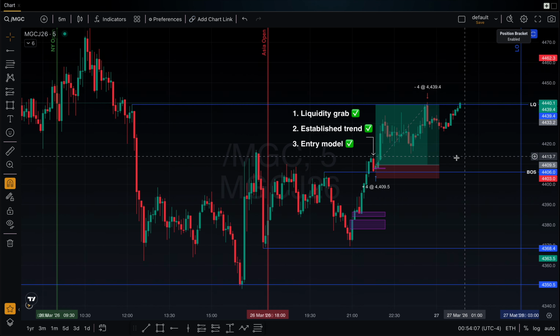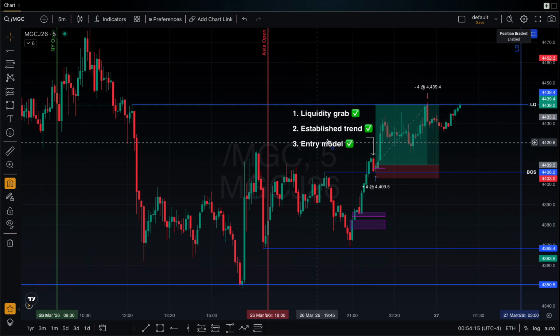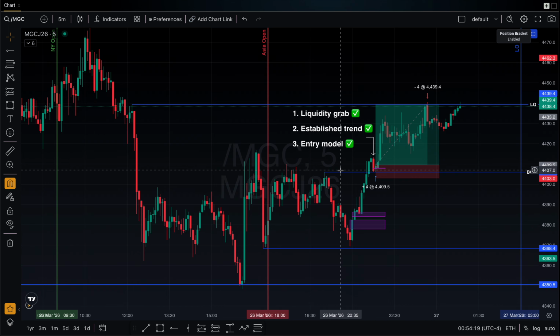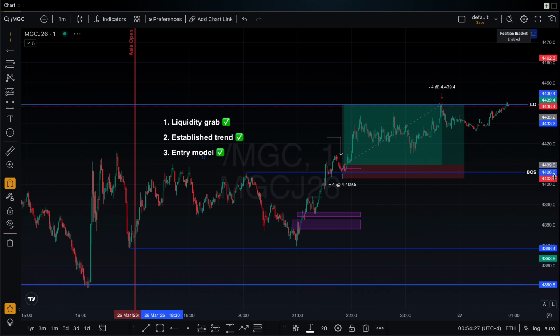So I hope that makes sense, guys. It's the same as every day. Liquidity grab, establish trend, and then we seek an entry model. This should give you enough structure to have reasons to get in and out of trades with the trend. Your job would be to be consistent with your risk management, predefining your risk before every trade.